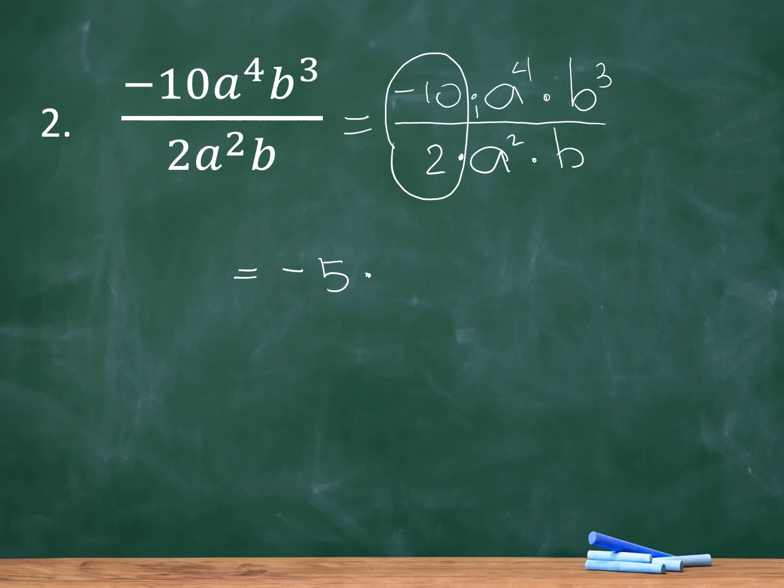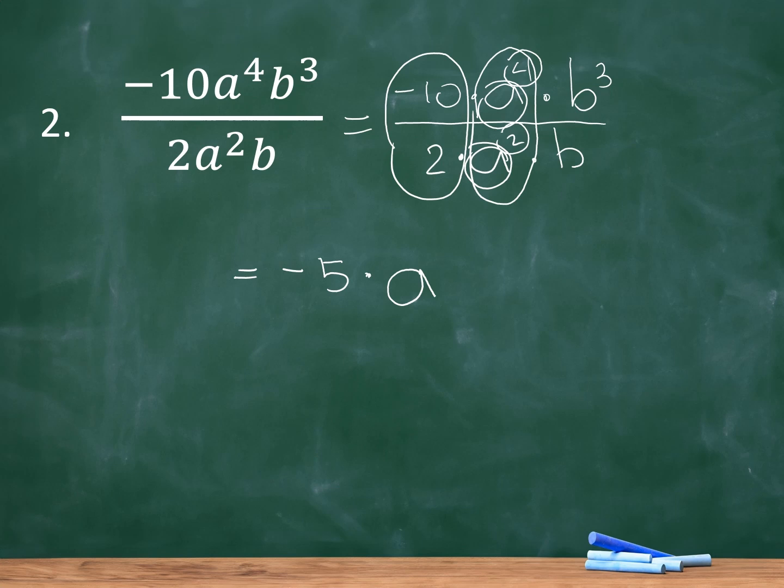Let's deal with the variable a's. We have our common base a, so we can apply the law of exponent here. We copy the common base a, and then the law of exponent says we will just subtract their exponents, 4 minus 2.